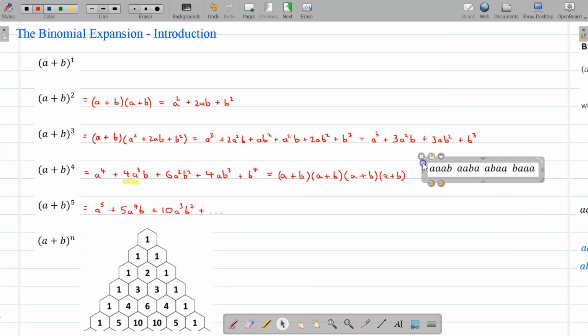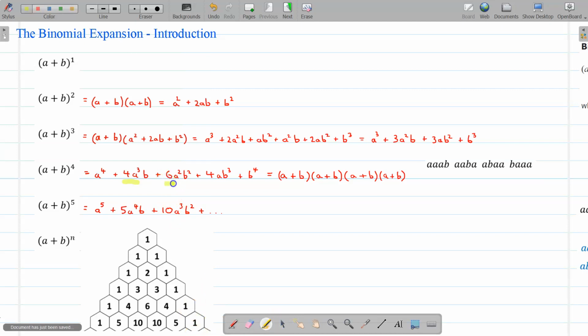There they are. Okay. Now, if we took another term from here, let's look at this term here with the 6 in front of it. The coefficient of a squared b squared is 6. So that means there are 6 ways of multiplying together 2 a's and 2 b's. In other words, 6 ways of selecting 2 a's and 2 b's from these 4 brackets.